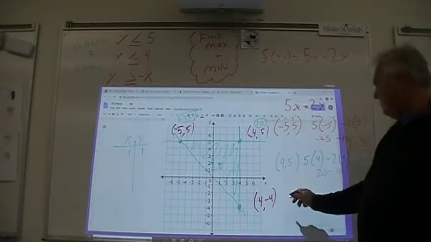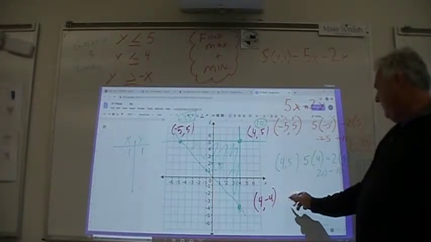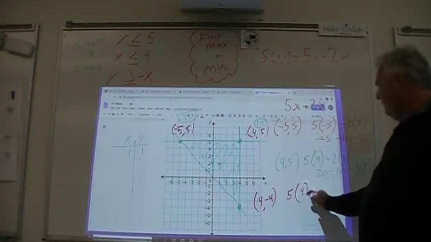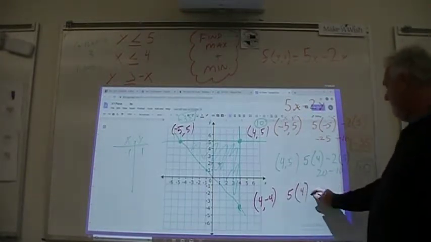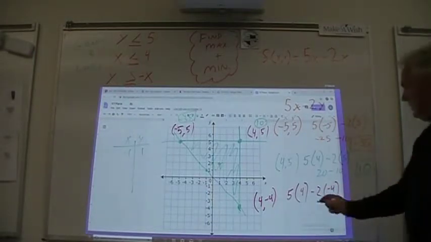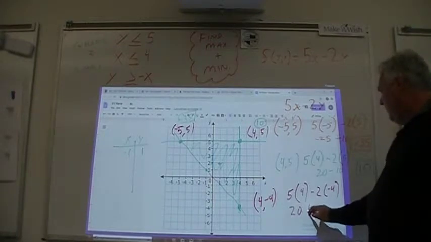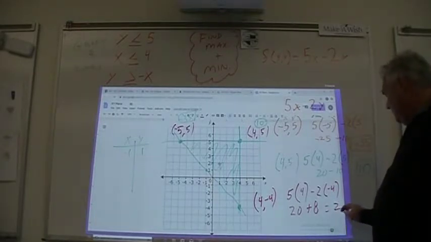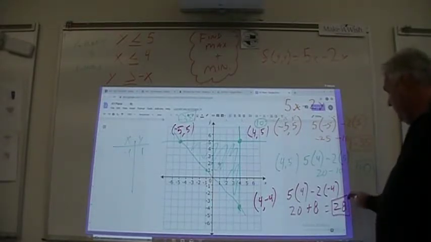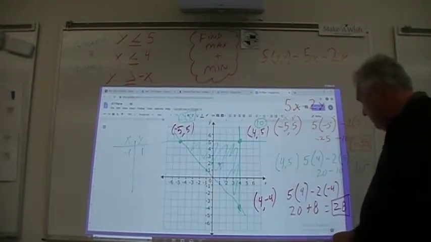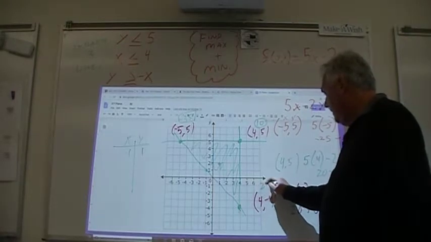Now let's do the last point, 4, negative 4. 5 times x is 4, minus 2 times negative 4. 20 plus 8, minus a negative 8, equals 28. So this point gives us 28.